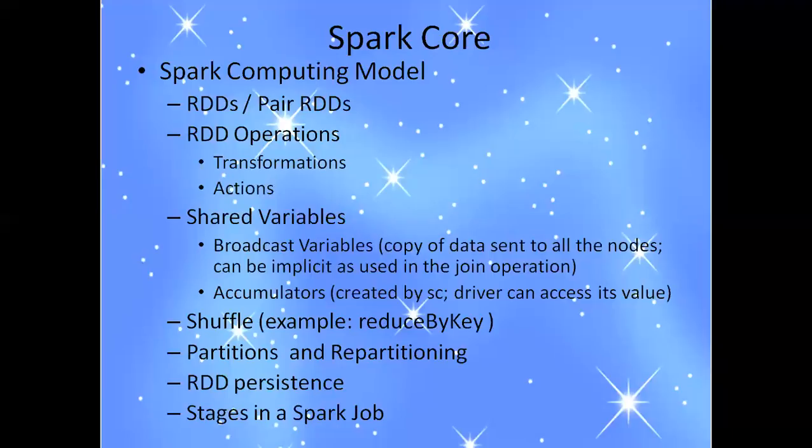So you can synchronize access to a variable, and it probably gives you the status of your application's progress or something like that. You cannot do that with a straight variable within your program, because these things happen on different nodes.